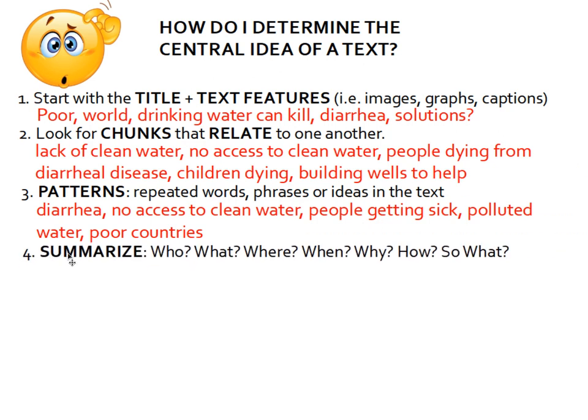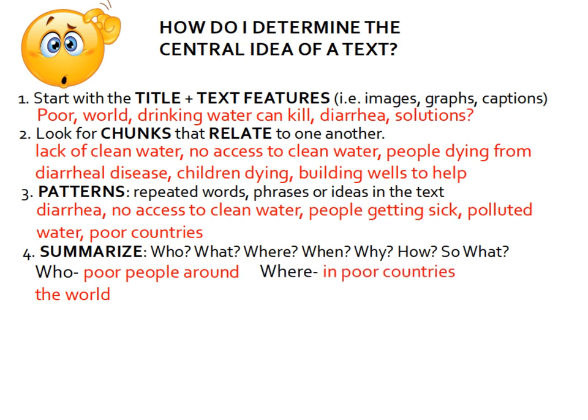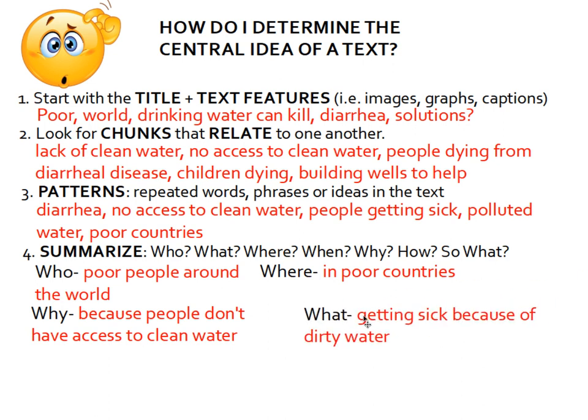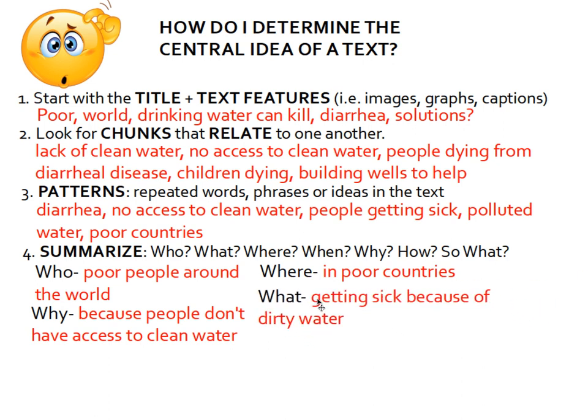Step 4 is to summarize the who, what, where, when, why, how, and so what. So I'm going to ask myself, who is this happening to? Poor people around the world. Where is this happening? This is happening in poor countries. Why is this happening? Because people don't have access to clean water. What is happening? They're getting sick because of the dirty water.